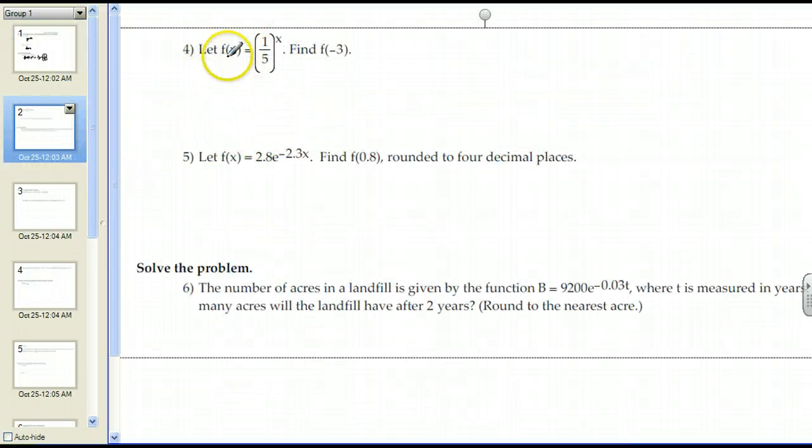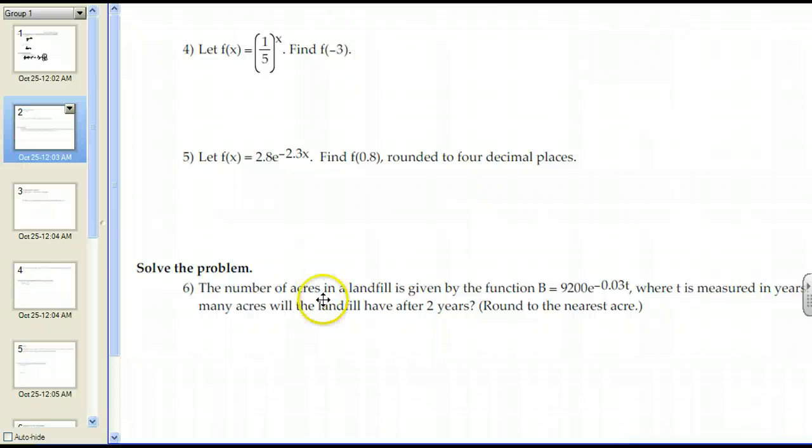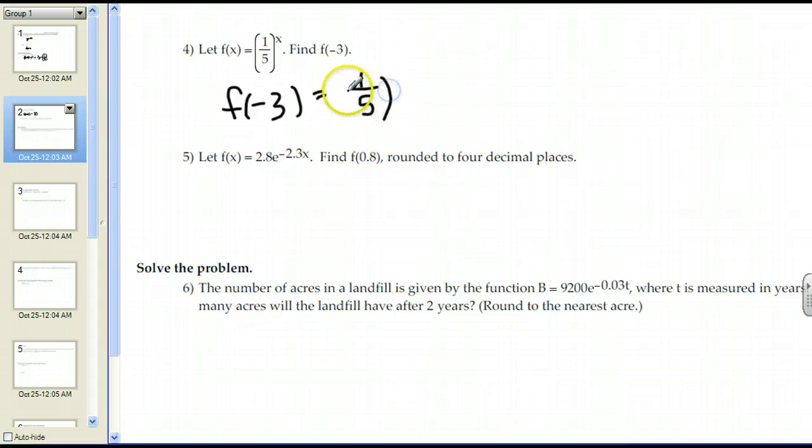Same thing here in number 4. f of x is 1/5 to the x. We want to find f of negative 3. So the whole entire fraction 1/5 is being raised to the negative 3 power. So f of negative 3 equals 1/5, right, x was the exponent, we're replacing it with negative 3.